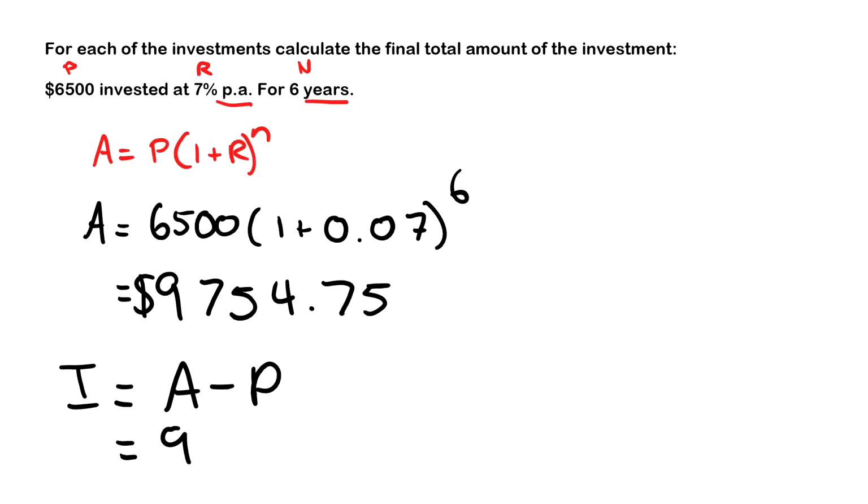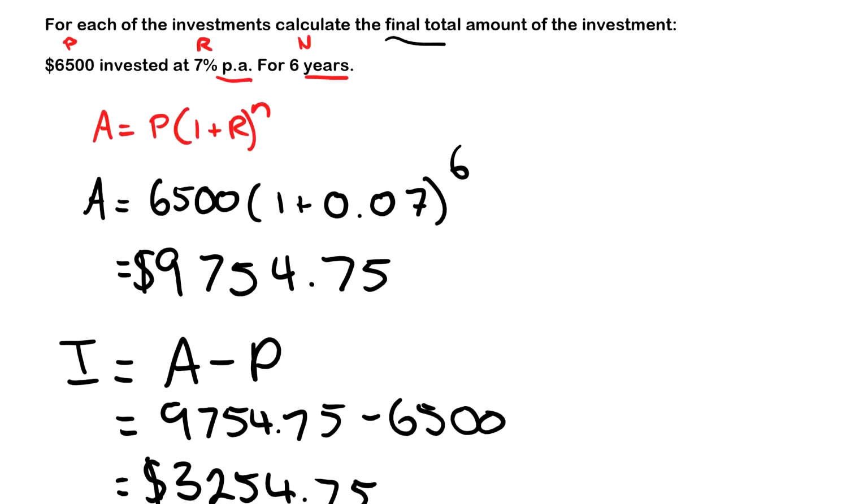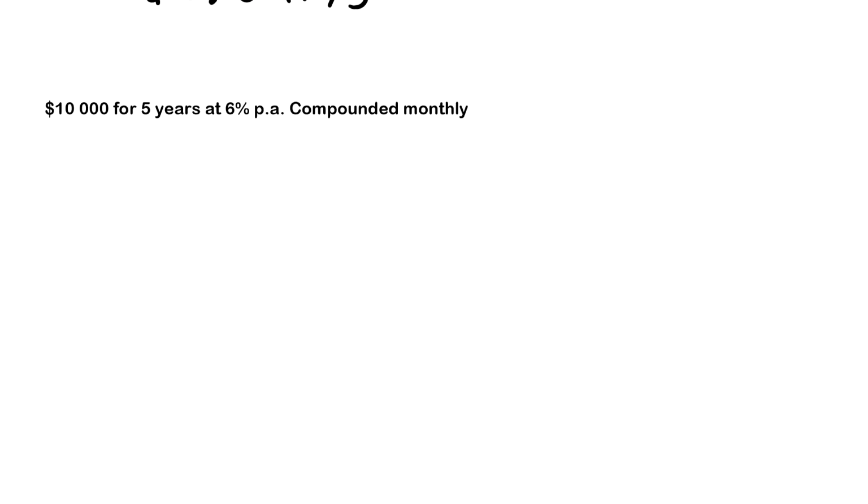So it'll be 9,754.75, take away 6,500, and that equals $3,254.75. Oh, not percentage, we want dollar sign. So if it tells you how much interest has been made, you need to do that extra step. But if it just says final amount like it did in this question, you can just stop at this part here.